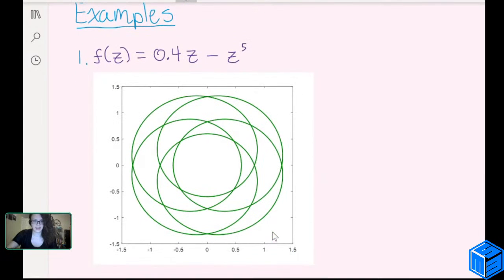So here we have f of z is equal to 0.4z minus z to the 5. So this is a finite sum. And of course, this is square summable.